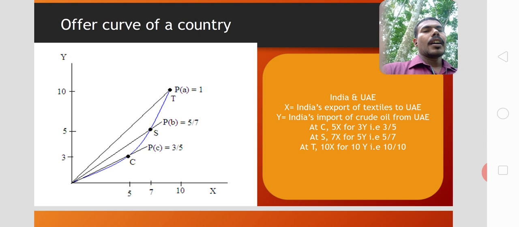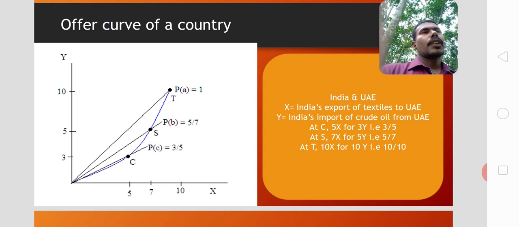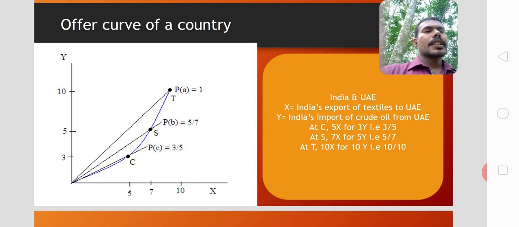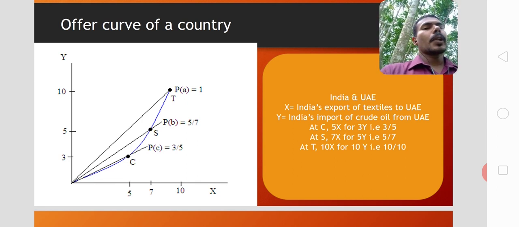That means what we receive as import is equal to what we give as export. This is 10 and 10. These are the quantities of export and import at a single level of price. So that is much more important.